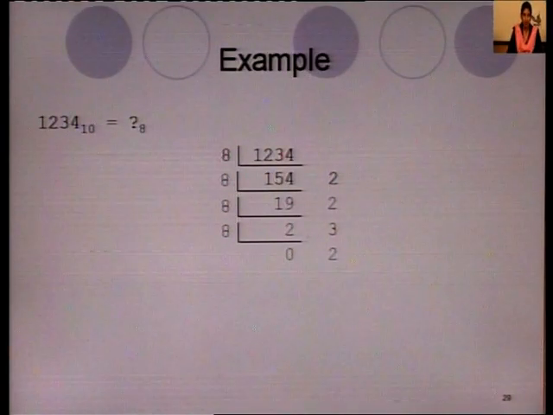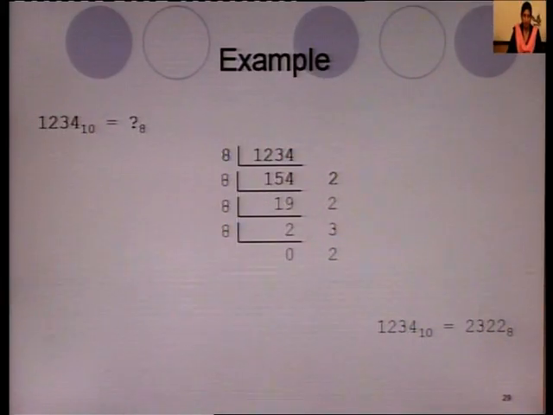So we will divide until the quotient becomes 0, and the result will be 1234 having base 10 is equivalent to 2322 having base 8. We count from the top, and the topmost remainder is the rightmost bit of the resulting value, as the arrow shows, that is an octal number system value.